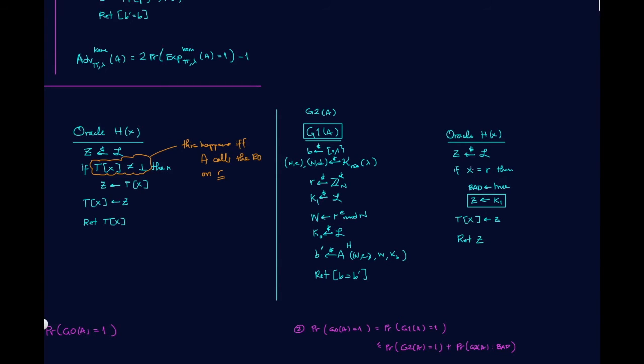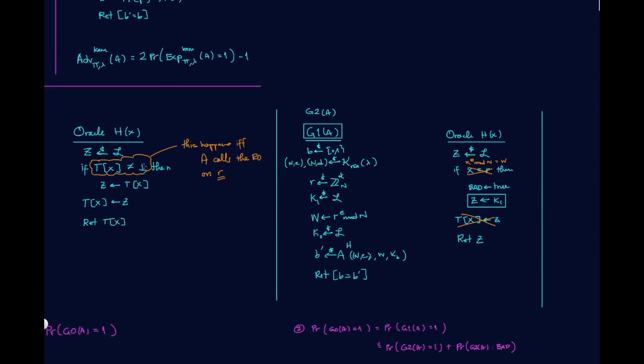But we can't actually check whether or not the query thing is equal to R, because in our RSA experiment, R is the thing that we're trying to return. So we can't actually check this thing. But what do we notice? Well, x is equal to R if and only if you take x and raise it to the e mod n and you get w. So let me check that again. X being equal to R was the thing we were checking before.